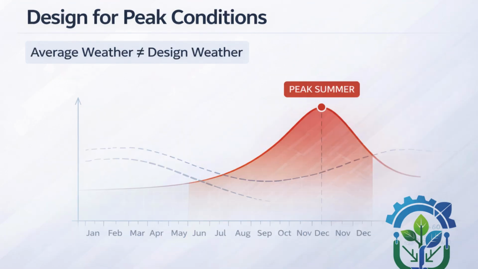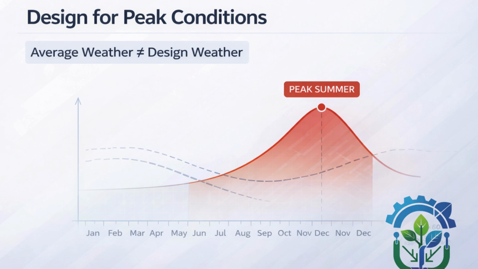So let's understand what we need to design for. We have to design systems that can withstand the peak summer conditions. In the Middle East, usually the peak summer conditions are during the months of June and July. So during this time, we have to keep these worst case scenarios as a reference point and select the machines based on that.